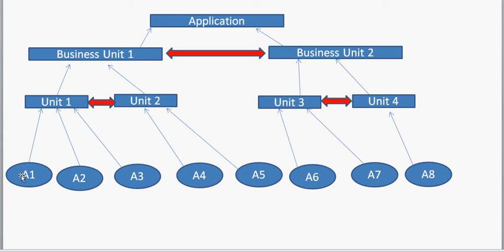And these are the components from A1 to A8. So unit 1 has 3 components, A1, A2, A3. Unit 2 has 2 components, unit 3 has 2 components, and unit 4 has just 1 component.